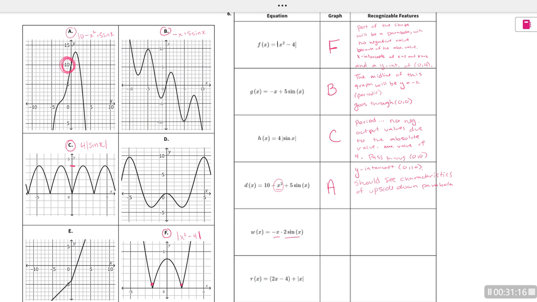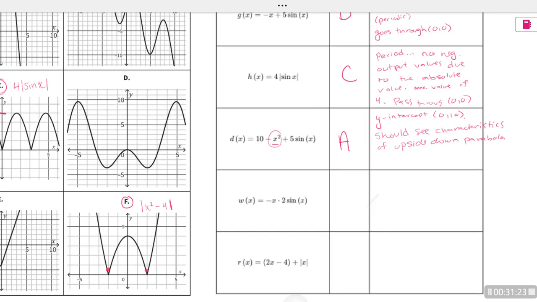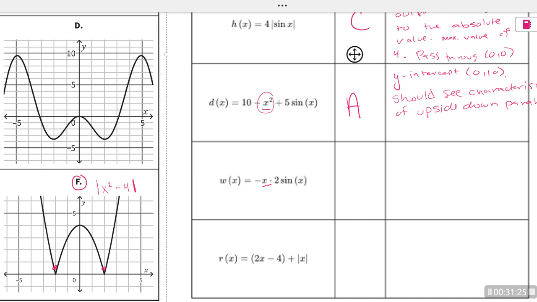So let's look at w of x first. Negative x times 2 sine. What I want to focus on is that this x is being multiplied by the amplitude, so the amplitude will change.